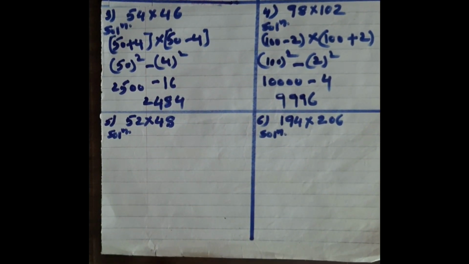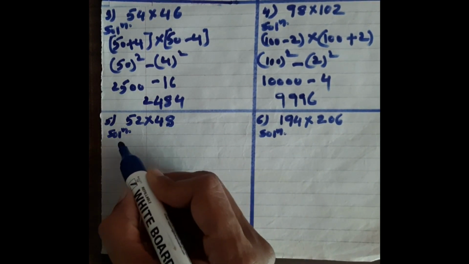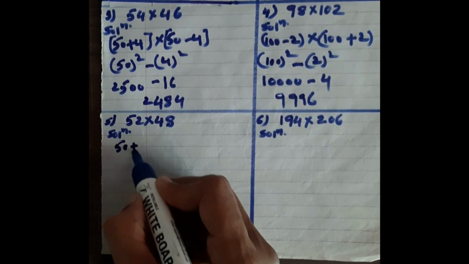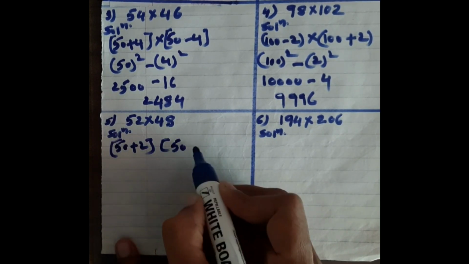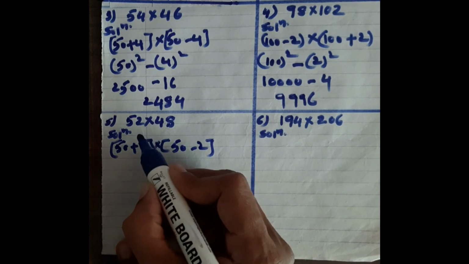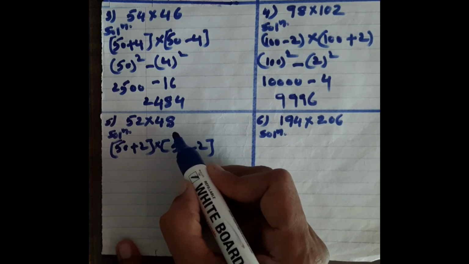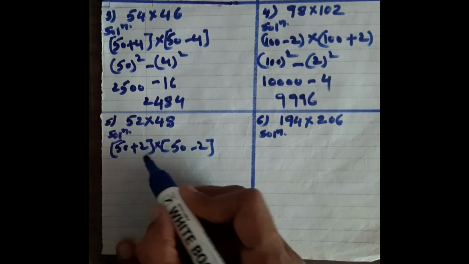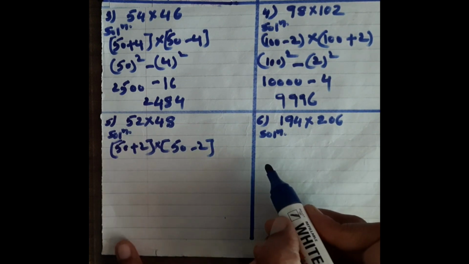Next, 52 into 48. In the form of binomial, we have to write this 50 plus 2 into 50 minus 2. 50 plus 2 means 52. 50 minus 2, 48. Again it is there in the form of a plus b into a minus b, says a square minus b square.